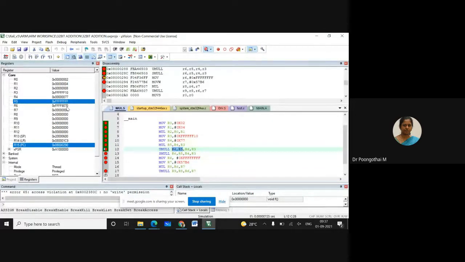So here only the programmer should understand how to interpret the results of an operation. Manually you do the calculation, and after that you take the 2's complement of that answer and check the answer using your register content.